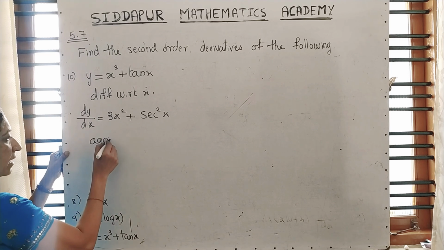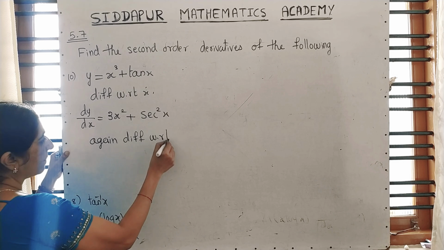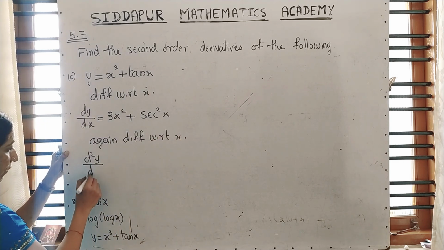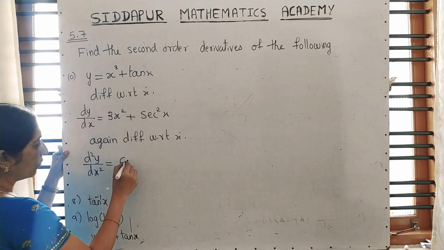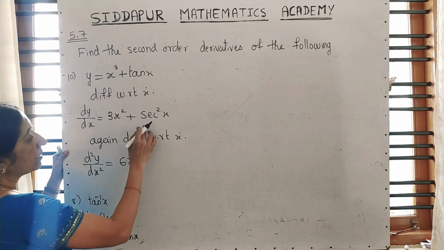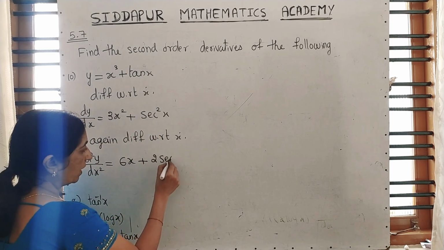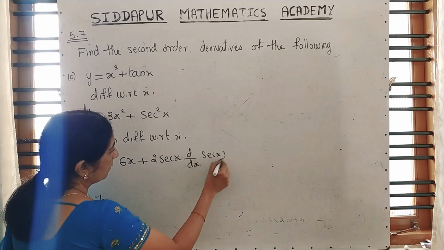Because it is a second derivative, again differentiating with respect to x. d square y upon dx square is equal to differentiation of 3x square, which is 6x, plus differentiation of secant square x, first power 2 into secant x into differentiation of secant x.